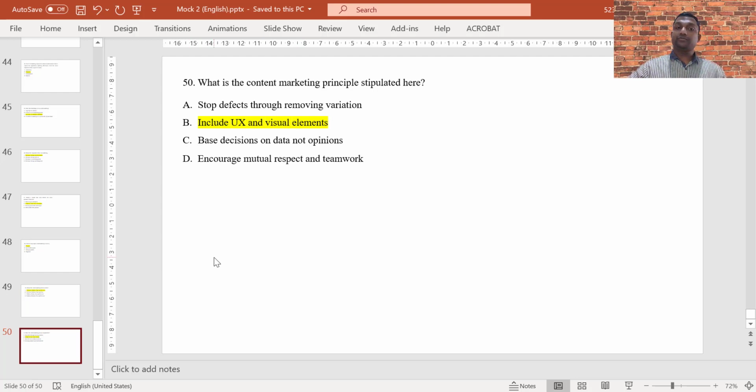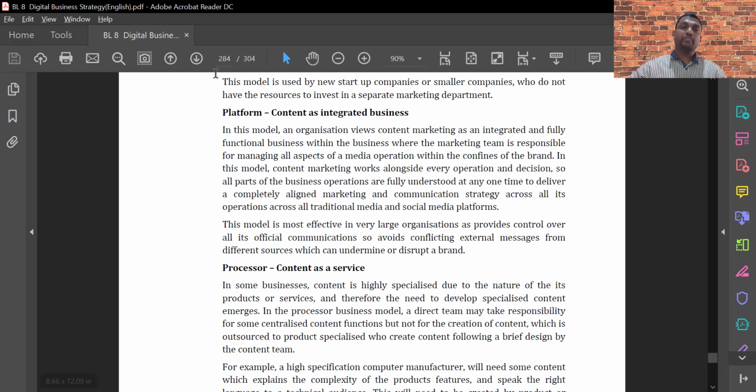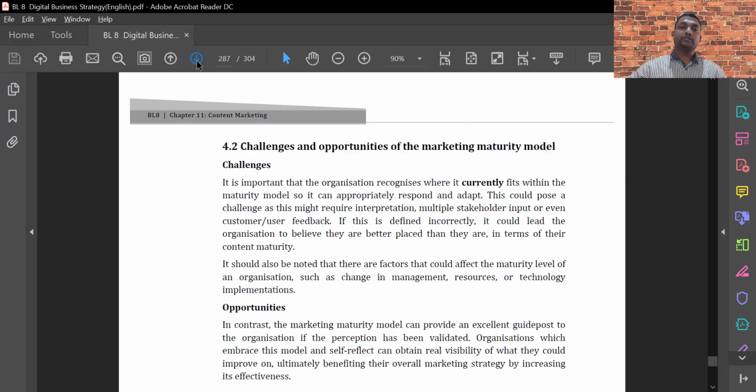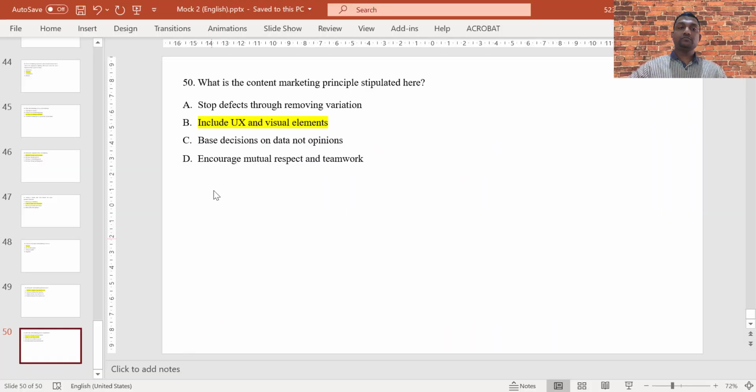And question number 50. What is the content marketing principle stipulated here? So there are several options given. In terms of content marketing principles: stop defects by removing variation, include UX and visual elements, base decisions on data, not opinions, encourage mutual respect and teamwork.